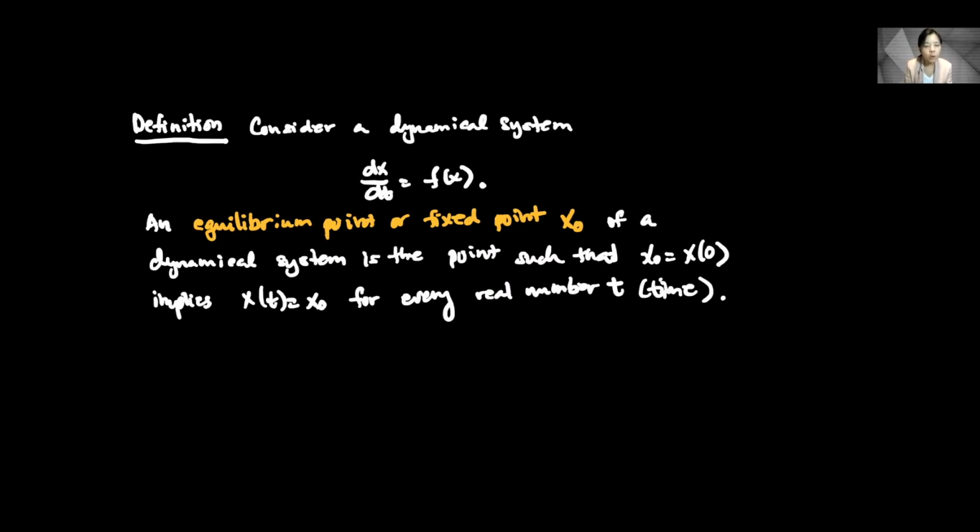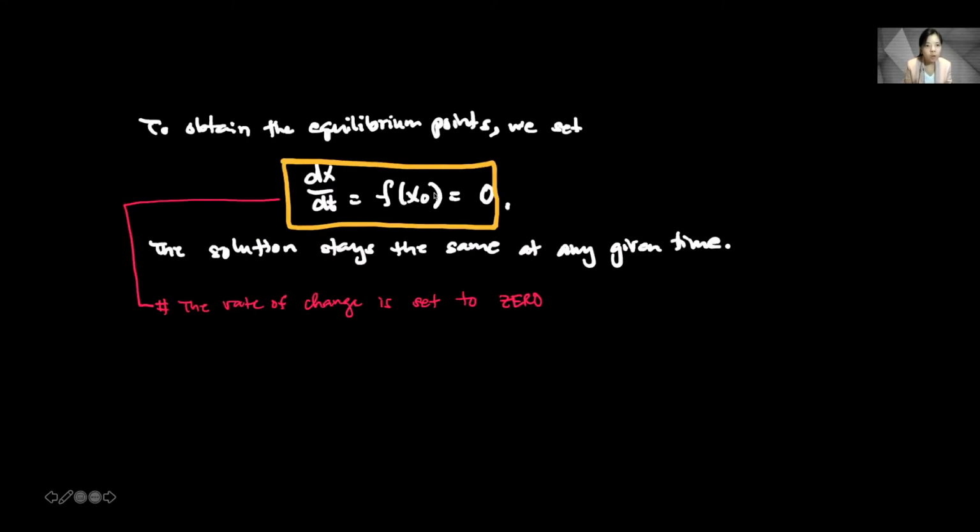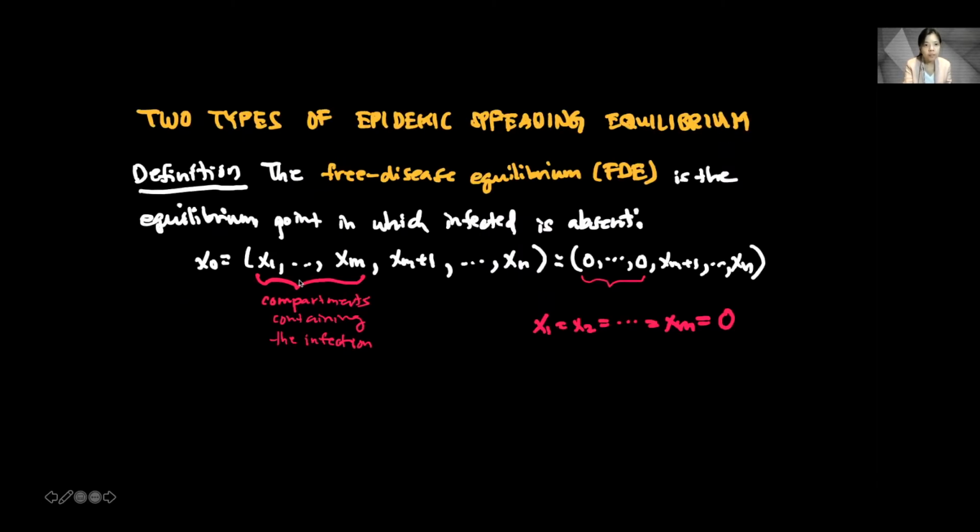And this is how we compute for the equilibrium point or fixed point. To compute the equilibrium point of a dynamical system, a system of ordinary differential equations, what we do is we set the rate of change to 0, and then we can solve for the respective compartments X sub J or X sub I. When we compute them, we will generate this vector of the compartments wherein the rate of change is equivalent to 0.